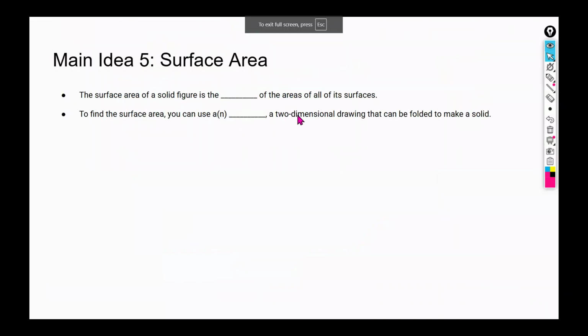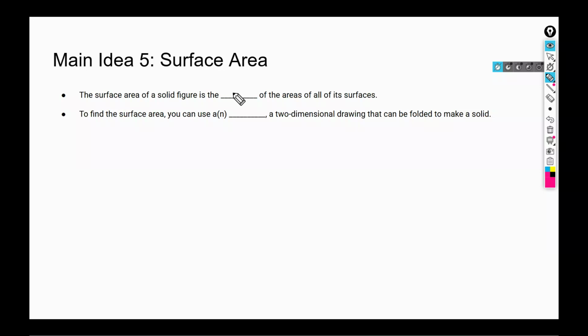So that is the concept of surface area. And just revisiting what we talked about, the surface area of a solid figure is the sum of all of its surfaces. Surfaces being the sides. So when I take that picture from the previous one and lay them all flat, those were the surfaces, those rectangles that we added together.